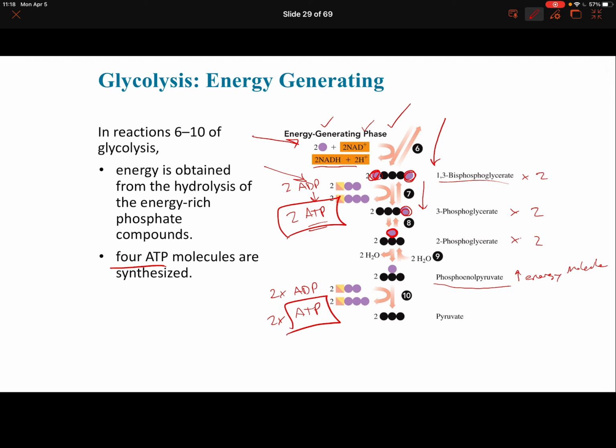So that means this process of just turning glucose into some pyruvates, so 6 carbons into 2 3-carbon molecules, generates 2 ATPs. 2 ATPs that we didn't have before. We put 2 in, we get 4 back. So it makes energy. It's not a lot, but it makes energy. And we're going to see that smaller organisms that aren't able to do electron transport like we can, they survive on this energy.